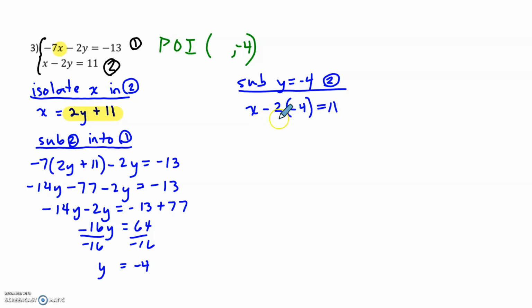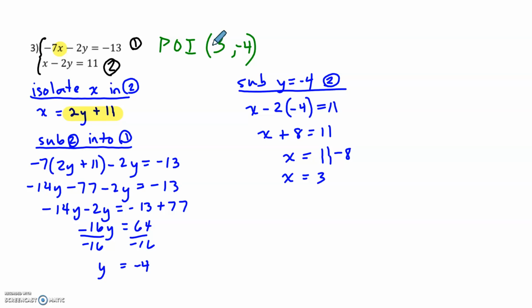And I have -2 times -4, so that's x plus 8 equals 11. I'll move the 8 to the other side. So 11 minus 8, and that's going to give me x equals 3. Okay, and that is the x value.